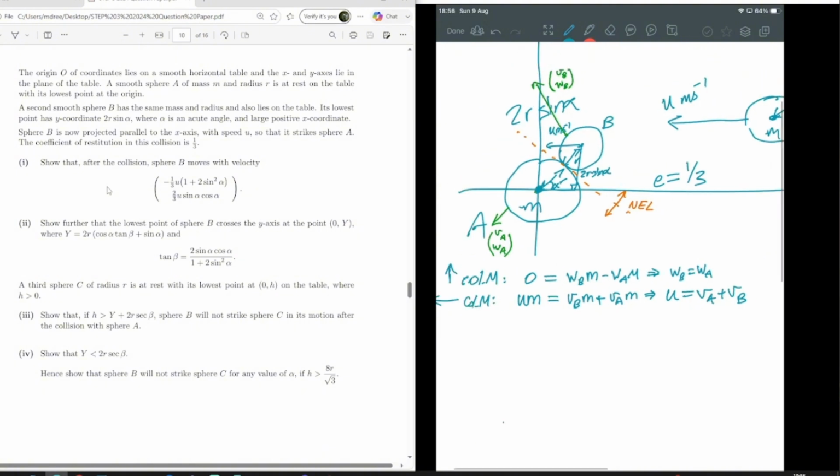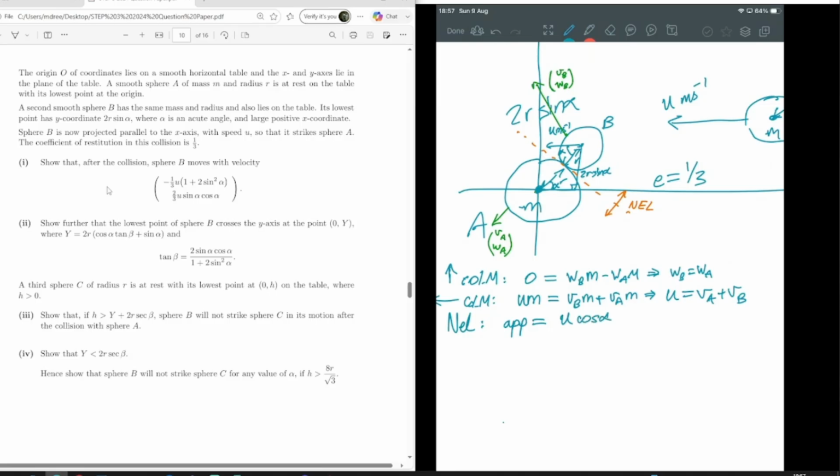And then the last one, which is going to be our really awkward one, is Newton's experimental law. So we know that the speed of approach, well, this angle here is going to be an alpha, so that's going to be u cos alpha.